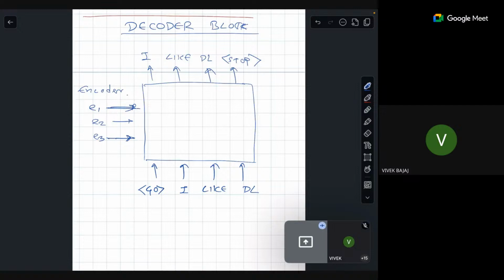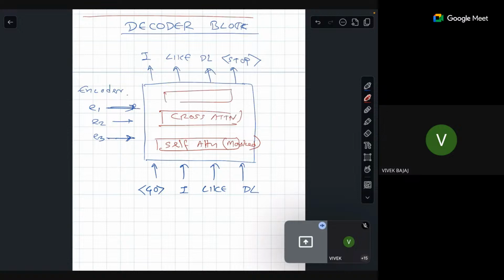So at a higher block level, what were the components of a decoder? You had a self-attention. This was masked, right? Then there was a cross-attention, and then there was a feed-forward network. We remember this part, right?